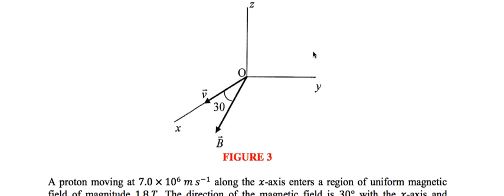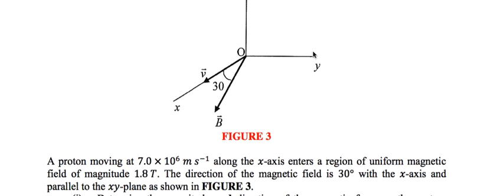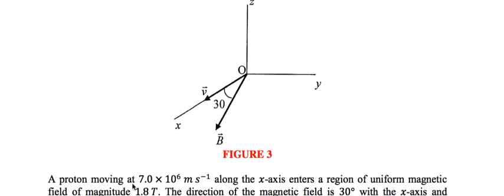Next question, part B, a moving charge. A proton is moving at 7 exponent 6 meters per second along the x-axis and enters a region of uniform magnetic field B. The magnitude of B is 1.8 Tesla.